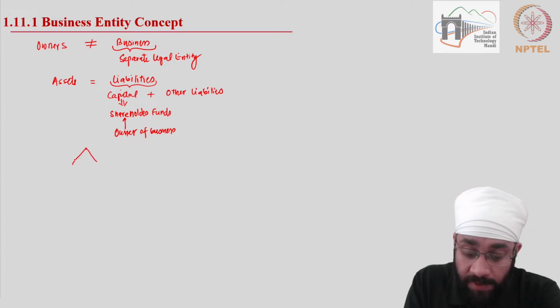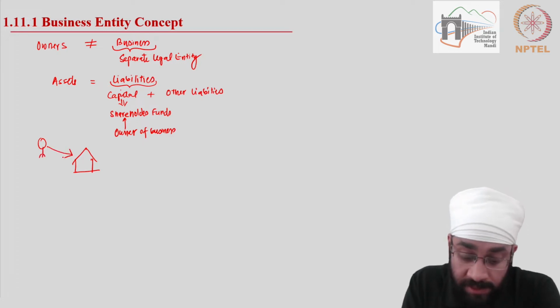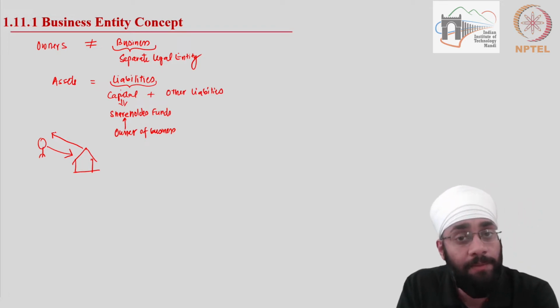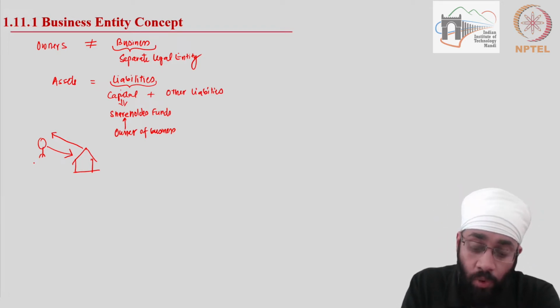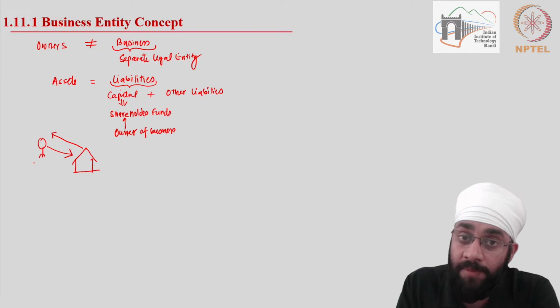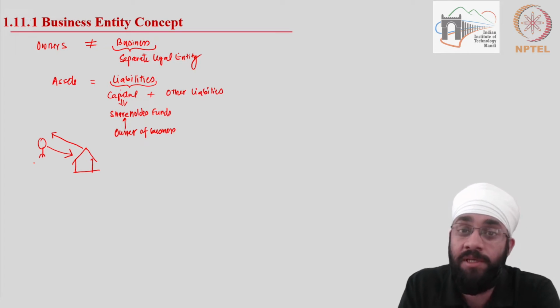So for a business unit, the owners who give capital to the business have to get this capital returned at some point in time. So we treat owner's money as a liability for the business. That is what entity concept of the business means.